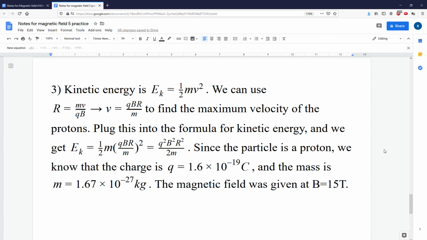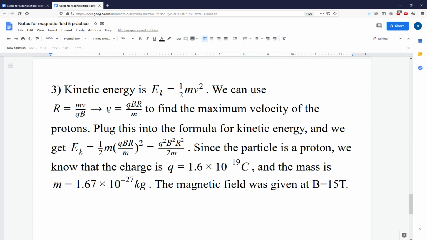If r is the maximum radius that the proton can contain, i.e. the radius of the cyclotron, then v is the maximum speed the proton can have. Therefore, using that maximum speed will give us the maximum kinetic energy.